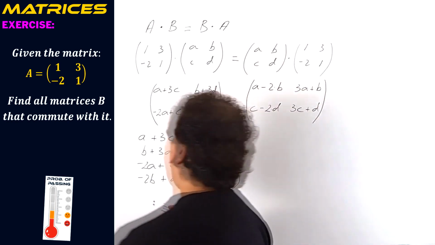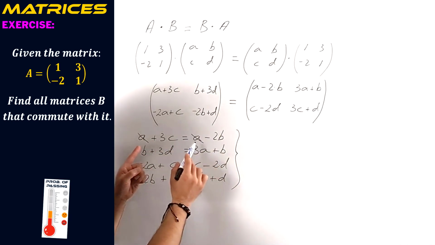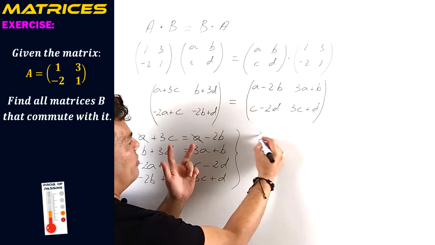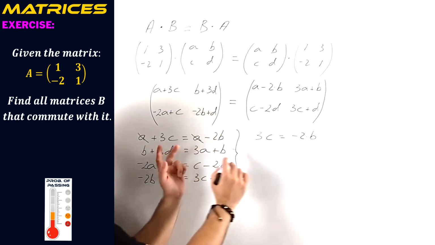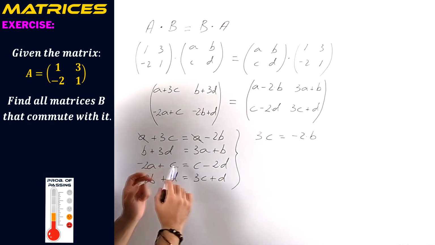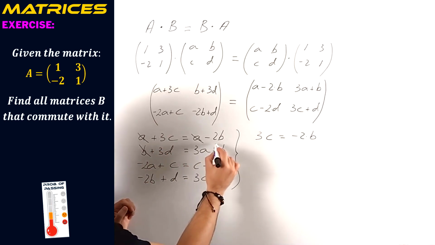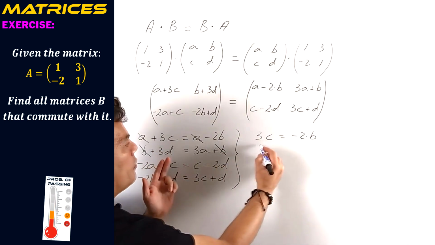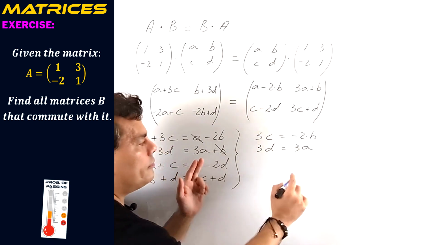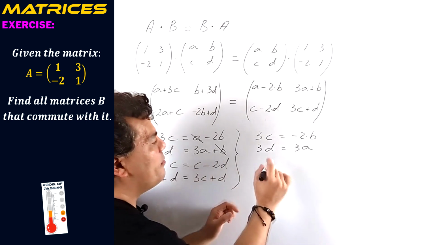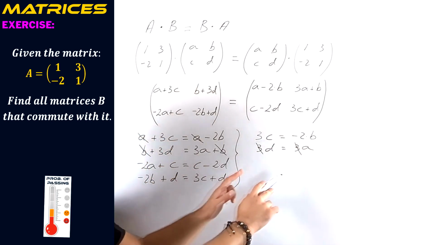Look, the first equation, we can eliminate the unknown A. 3C equals negative 2 times B, right? On the second equation, we can also eliminate the variable B. 3D equals 3A. And we can also eliminate the number 3 that is multiplying on both sides.